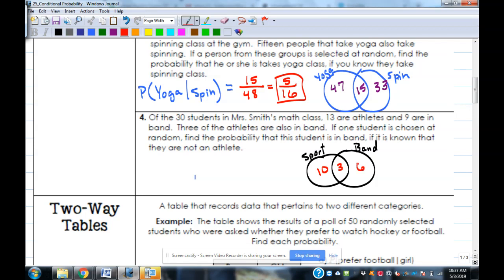Total of 9 in the band. Now, that doesn't add up to 30, right? Where are the rest of them? Not in any of those circles. They would be out here, the people that aren't involved in sports or band. They may do other things, but they're not involved in these. So what's that? 22, so there are 8 people outside of those circles. Just so we know, that's 30 people total, right? Did I do that math right? No, I did not.